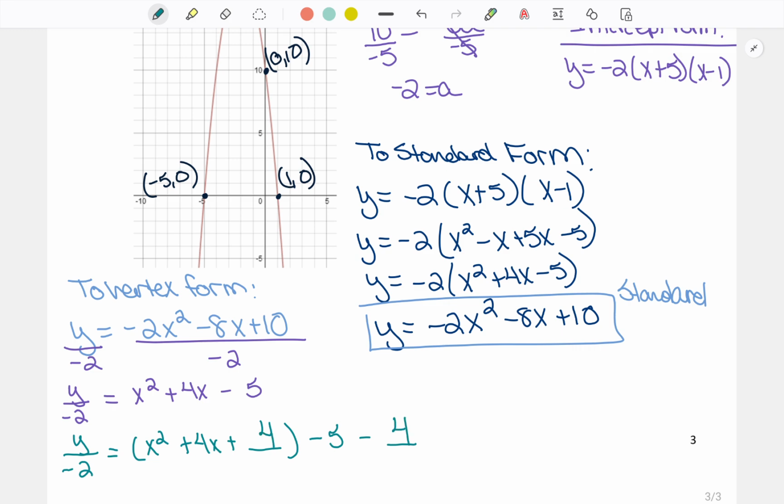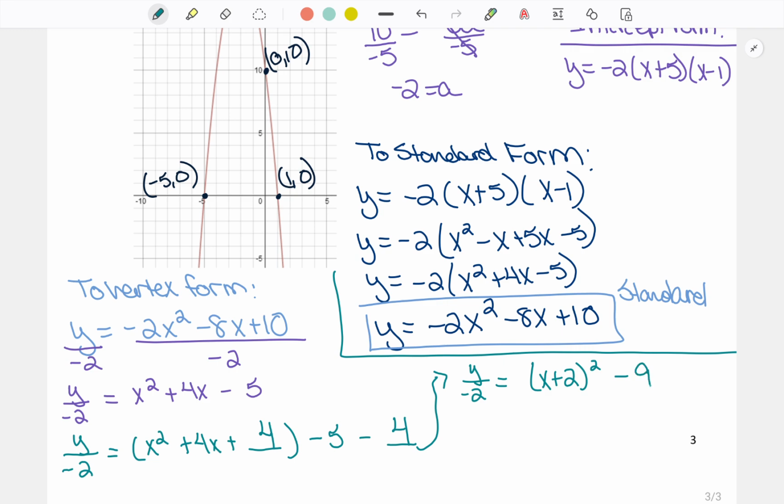So we're going to add and subtract a 4. So when we factor, we'll have y over negative 2 equals x plus 2 squared, and then minus 9.